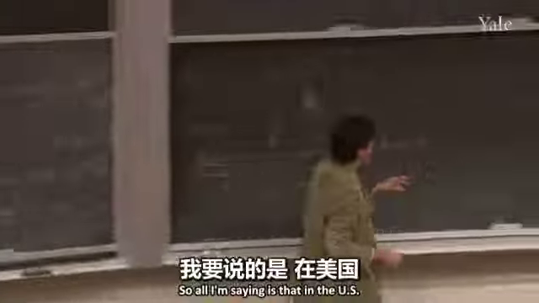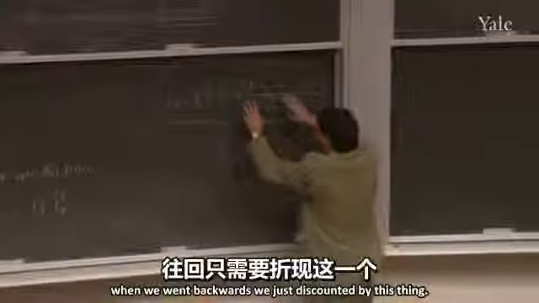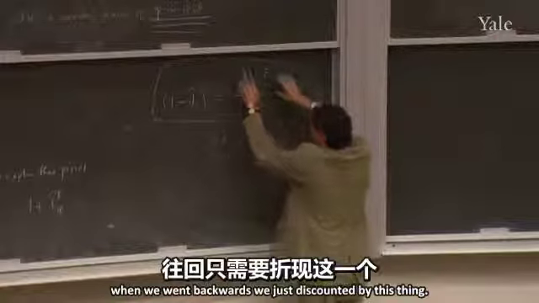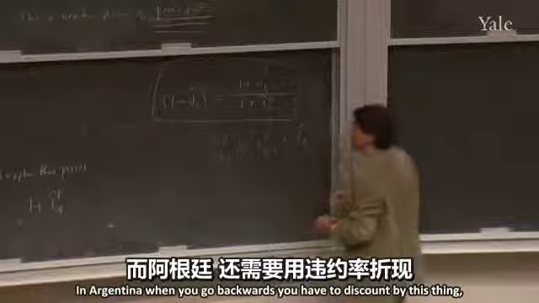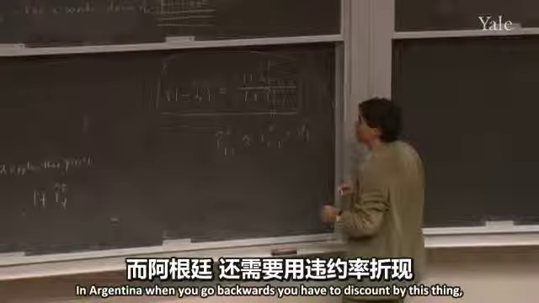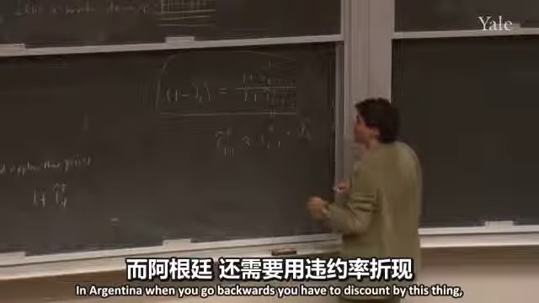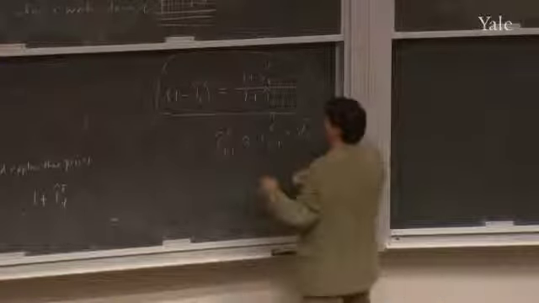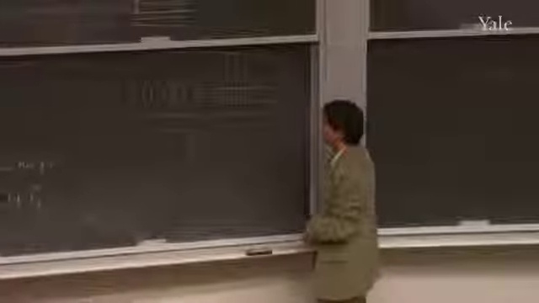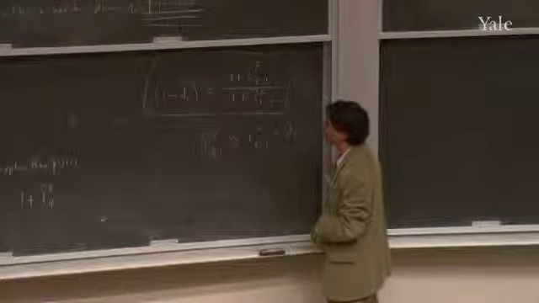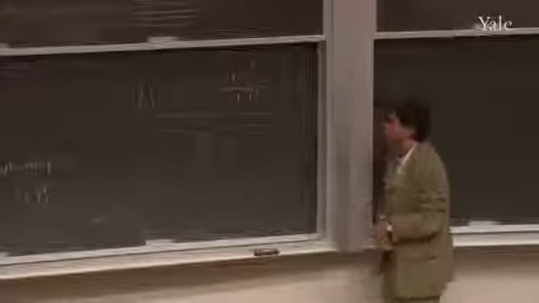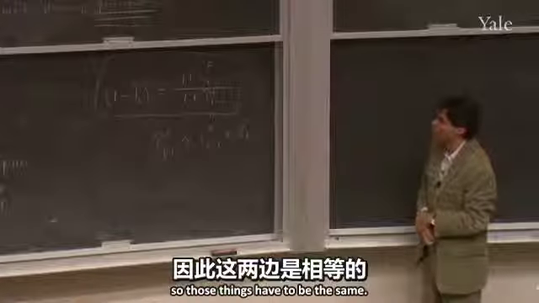So in the US, when we went backwards, we just discounted by this thing. In Argentina, when you go backwards, you have to discount by this thing. So those things have to be the same.